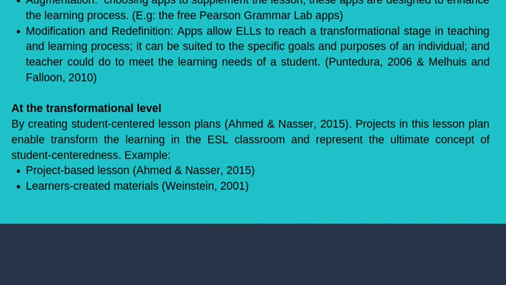And second, by creating a student-centered lesson plan at the transformational level. Projects in this lesson plan enable transforming the learning in the second language classroom and represent the ultimate concept of student-centeredness. For example, project-based lessons and learner-created materials.